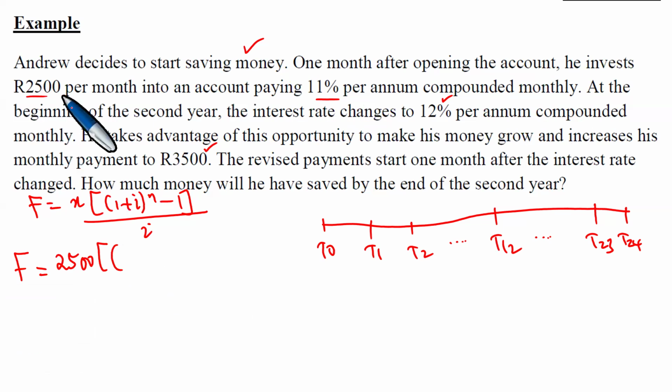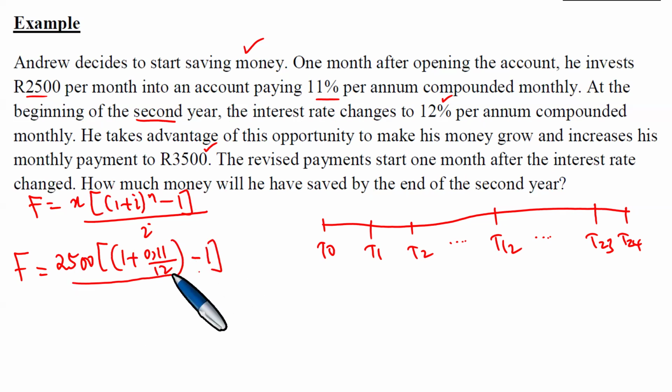So the 2,500 is at 11%, which means it's going to be 1 plus 0.11 divided by 12, because it's compounded monthly. At the end of the second year, the interest rate changes to 12% per annum compounded monthly, and he increases the monthly payment. So this is going to be n minus 1, I'm going to put the power.